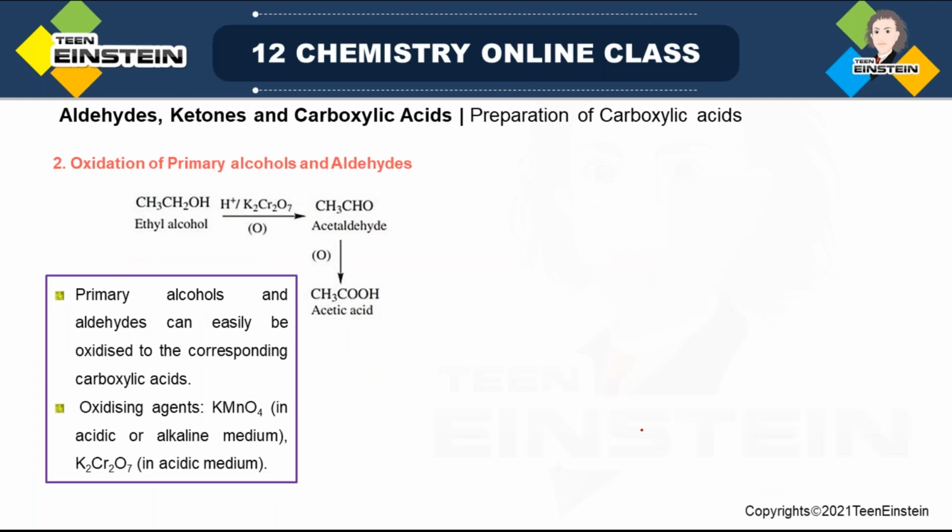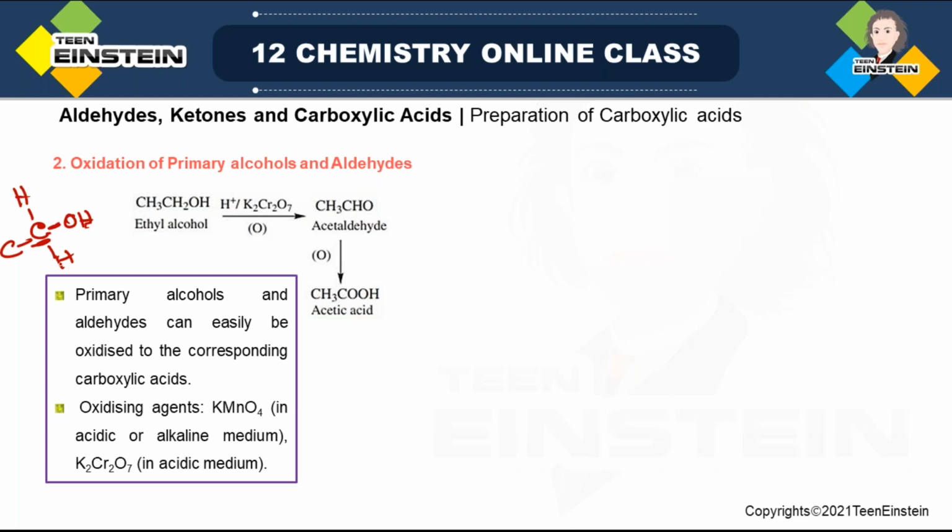Second method, oxidation of primary alcohol and aldehydes. Okay, primary alcohol, when I'm saying, that means the OH group is obviously attached to one carbon, and that carbon is attached to only one carbon and two hydrogens. So that is the definition of primary alcohol.